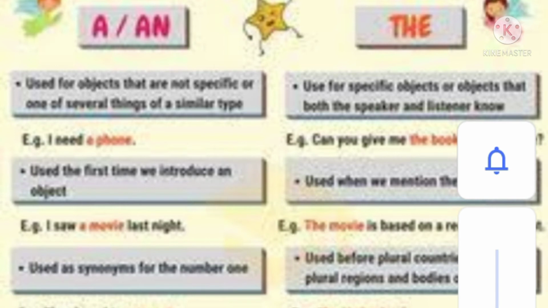Let's suppose for the music instrument purpose, we also use the. Let's suppose I speak sentence. She plays the piano very well. So piano, something special. This word we could use what? The. She is learning the guitar. Guitar, specific one. Therefore we use the.